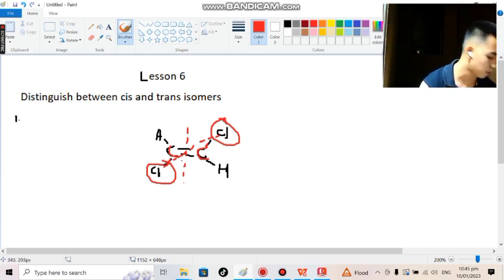So this means that this is a trans isomer.